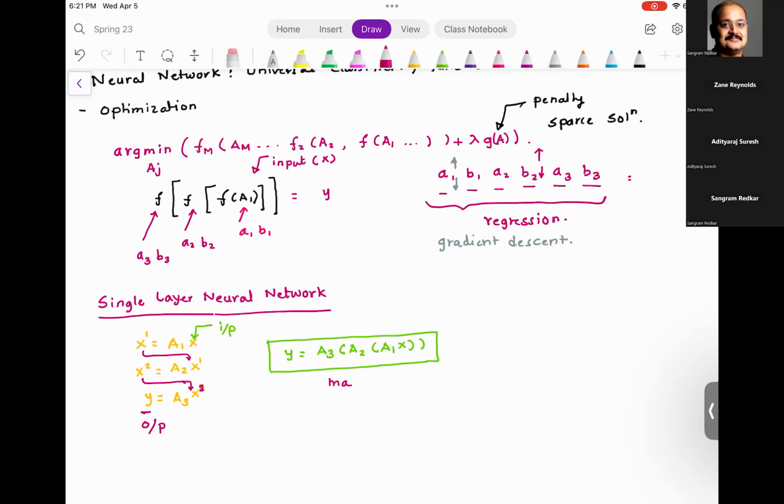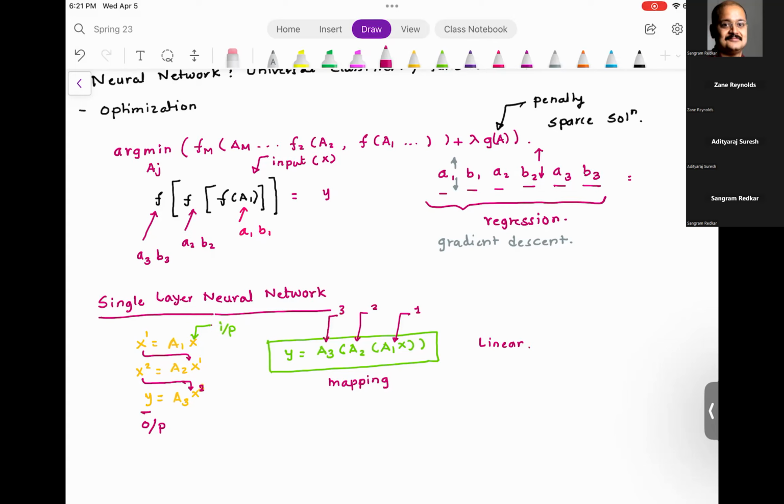But it is important to note that this mapping is linear. It is not a non-linear mapping, but it is a multi-layer mapping. This is your first layer, this is your second layer, and this is your third layer.